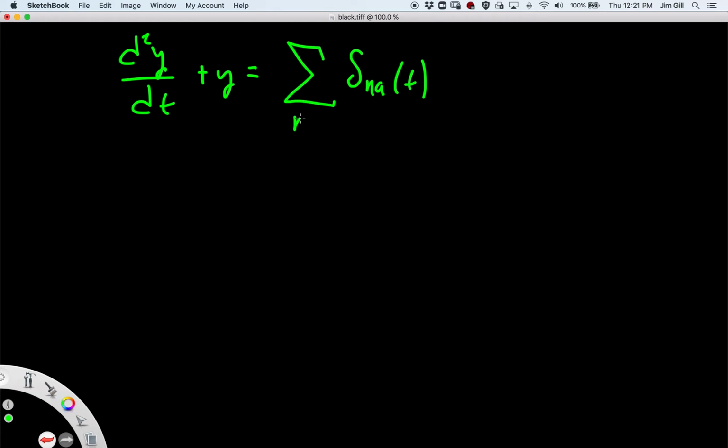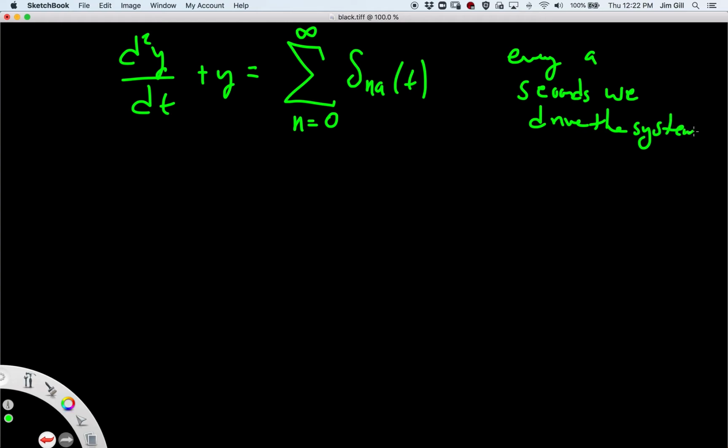We're going to start at n equals 0, and we're going to do this forever. So every a seconds, we drive the system with a short impulse, right? Just an instantaneous impulse. And we're going to start from rest.